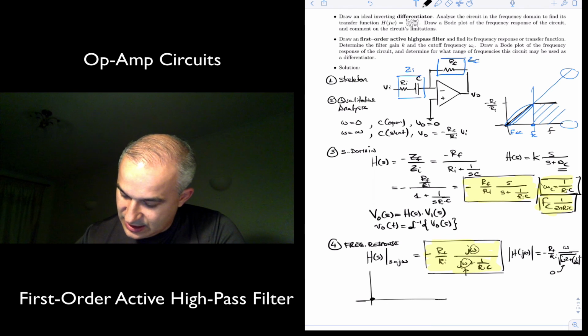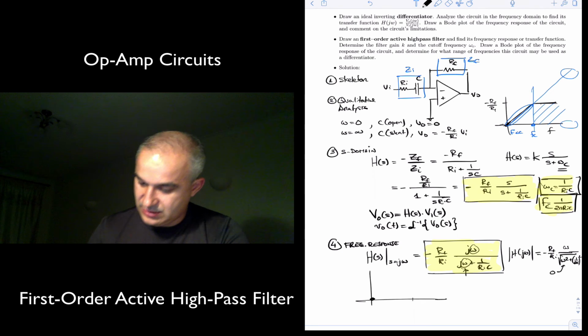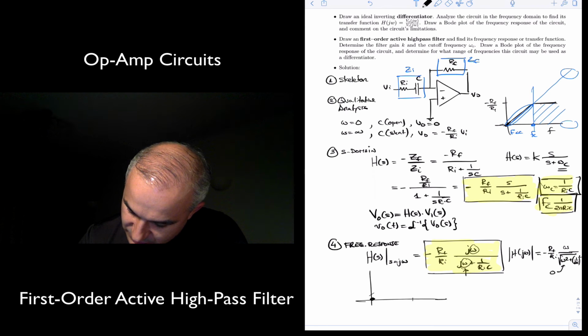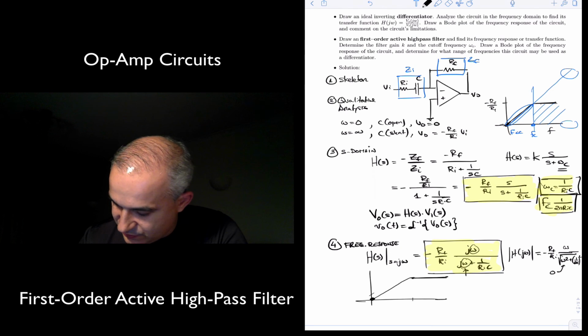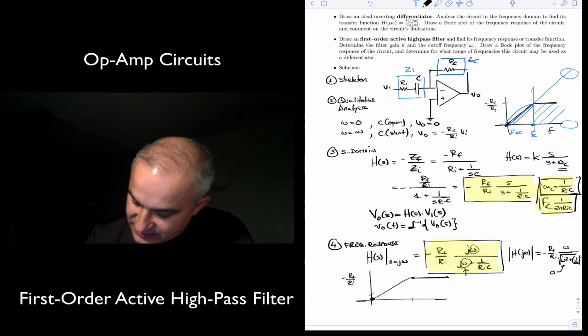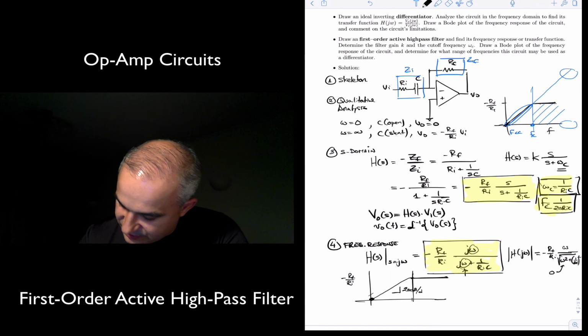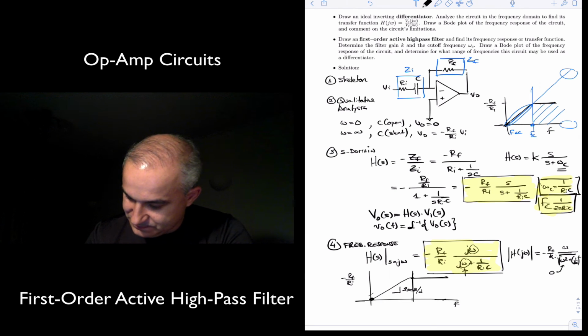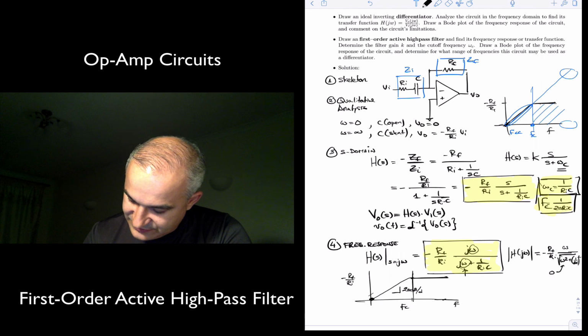And as omega increases, it goes up, and then we are at that gain, minus Rf over Ri. You need to put it in decibels. This is 20 dBs per decade. And the corner frequency here, if I put this in frequency in hertz, will be Fc equals 1 over 2 pi RiC, as we expected.